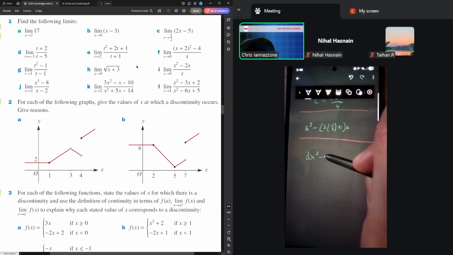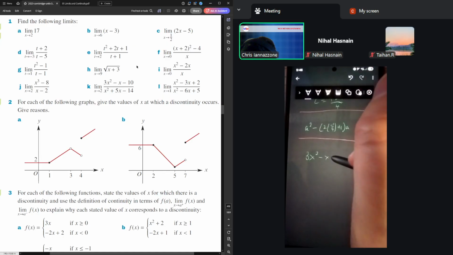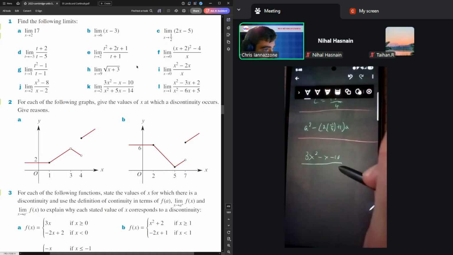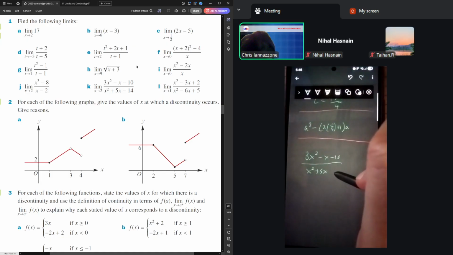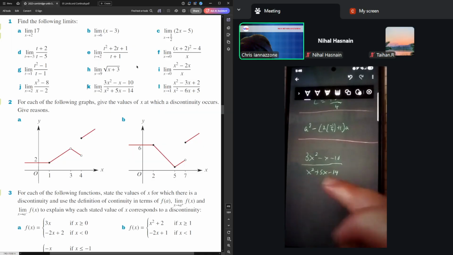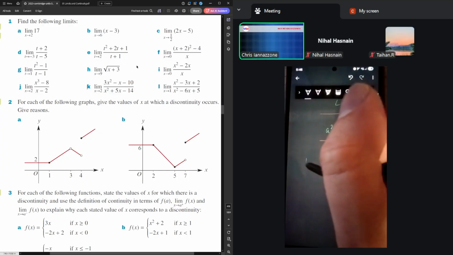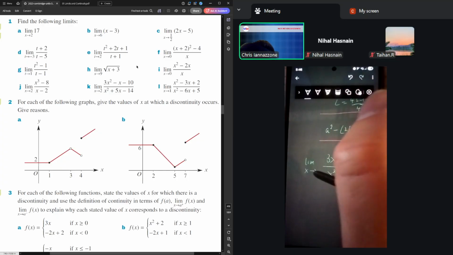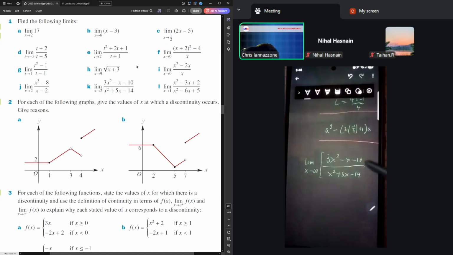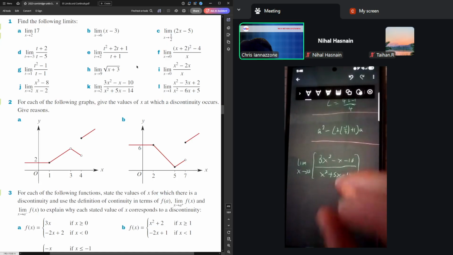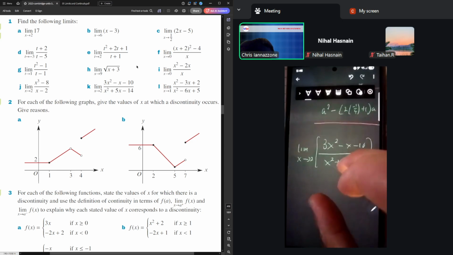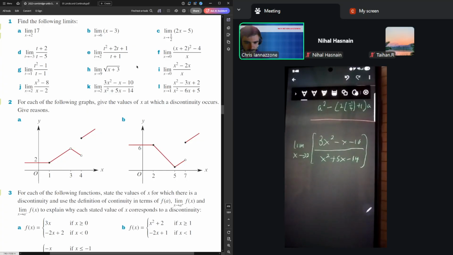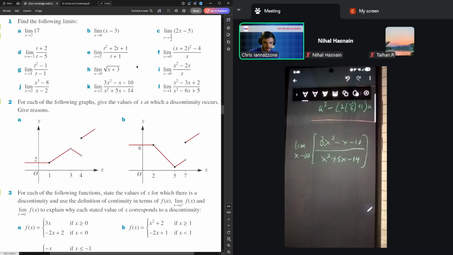X squared minus x minus 10 over x squared plus 5x minus 14, and we're doing the limit as x approaches 2. I'll zoom in on it. Cool. Okay. What might we start doing?